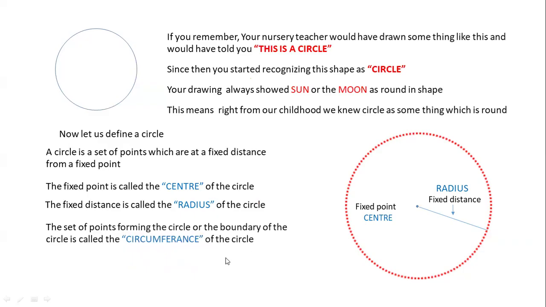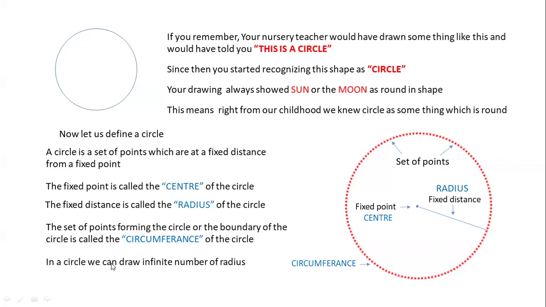The set of points forming the circle or the boundary of the circle is called the circumference of the circle. So these are the set of points, and these points forming the boundary is called the circumference.